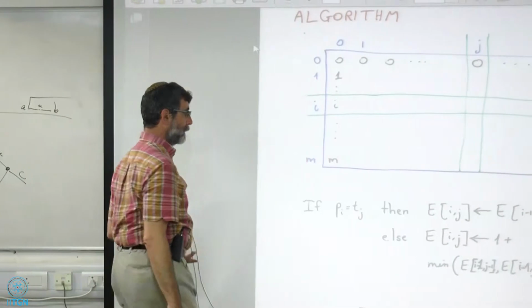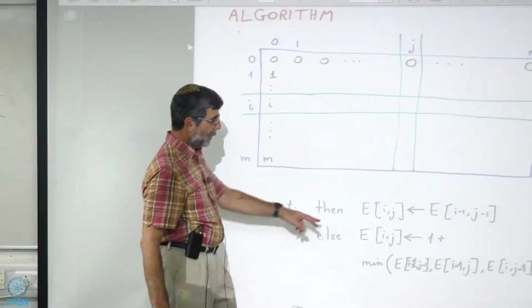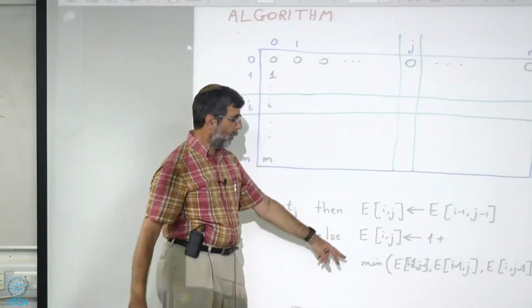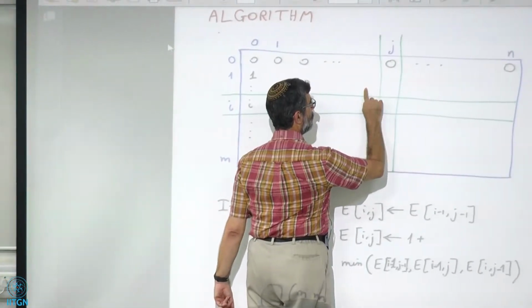And otherwise, if it's not equal, then there's going to be for sure an error. So it's 1 plus, but 1 plus what? The minimum of these guys. The minimum of this guy, and that guy.